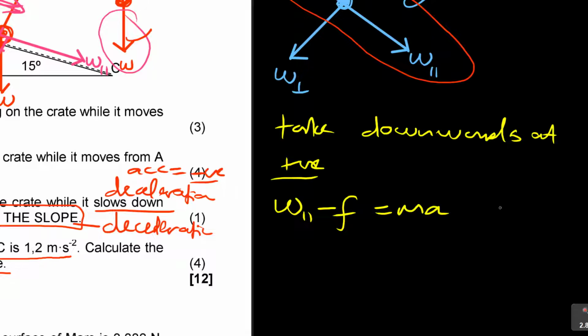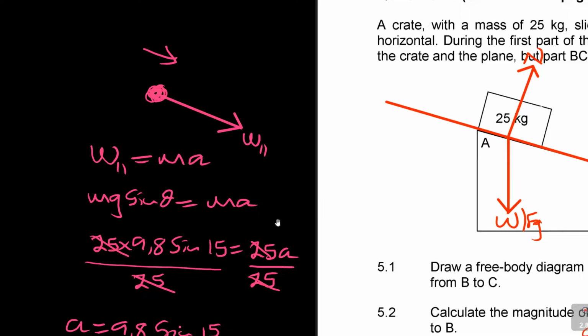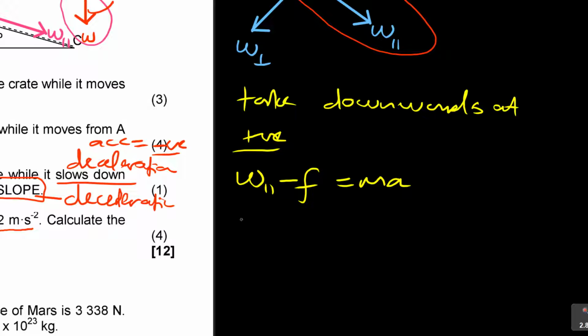Remember, F net is equal to ma. Now weight parallel, I think we did find it, was mg sine theta, which is mg sine 15. So we're going to say mg sine theta minus F is equal to what?